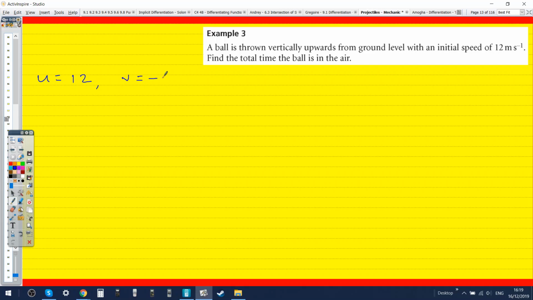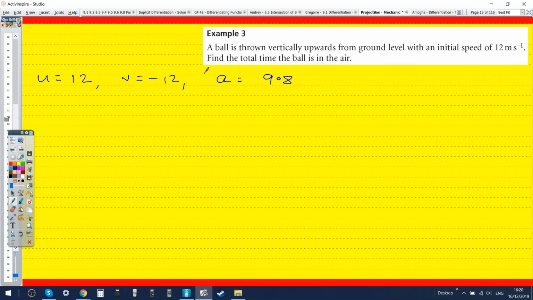Well done. So does that mean the acceleration's 9.8? You tell me. Is the ball falling back down? Yeah. So yeah, I think it is positive 9.8.